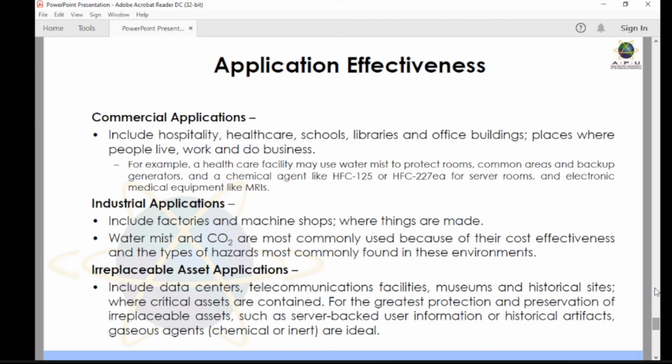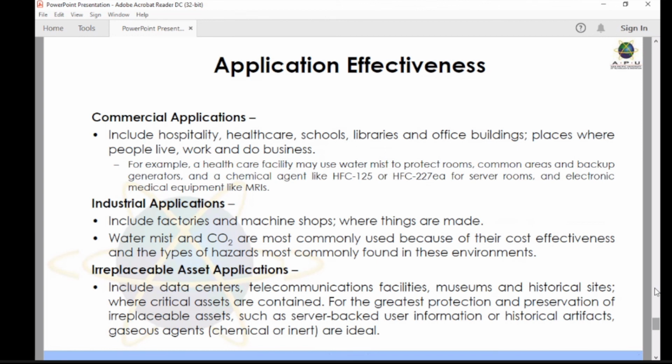For example, a healthcare facility may use water mist to protect rooms, common areas, and backup generators, and a chemical agent like SFC 125 or SFC 227EA for server rooms and electronic medical equipment like MRIs.